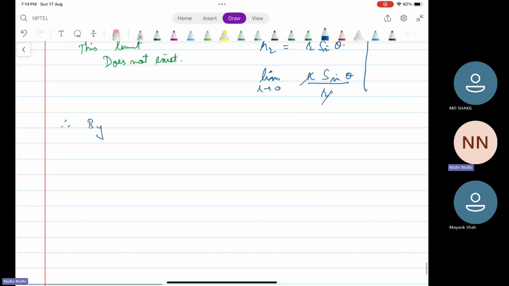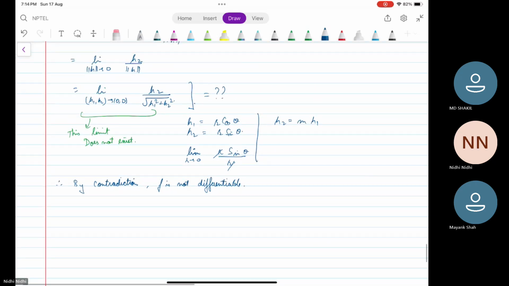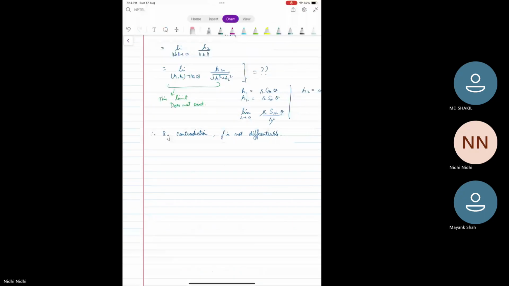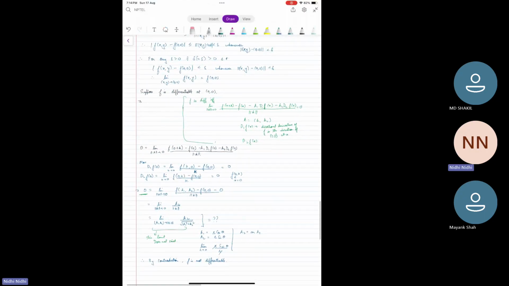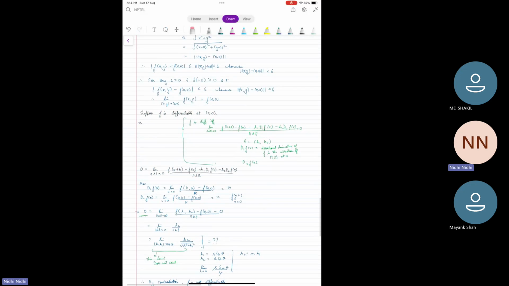Therefore, by contradiction, f is not differentiable. So this function was continuous but not differentiable.